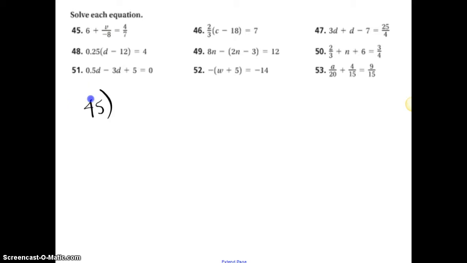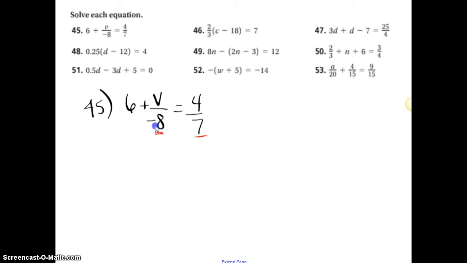And so 45 says 6 plus v over negative 8 equals 4/7. All right, in this one I see that there's two fractions and I don't want the fractions. So I am going to try to clear them out. The way I clear them out is by looking at these two numbers on the bottom and I find a common denominator.